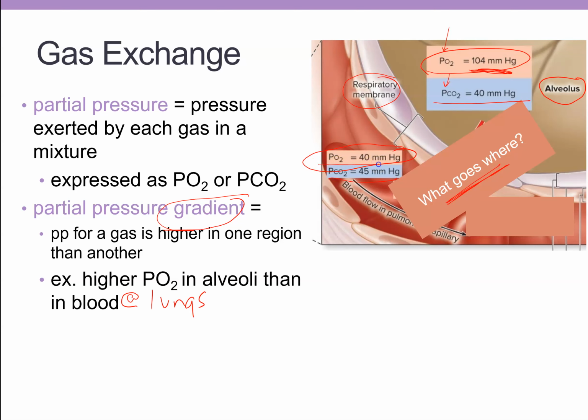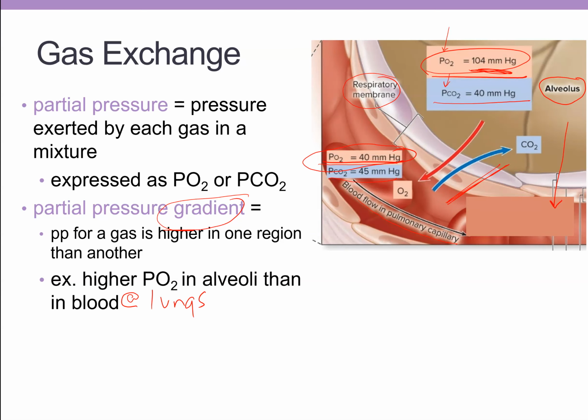You've got a low partial pressure of oxygen in this pulmonary capillary. So remember, things are going to go from high to low to follow the gradient. So that means that our oxygen is going to follow the pressure gradient, and it's going to go from the alveolus into the blood, from a high pressure to the low pressure.